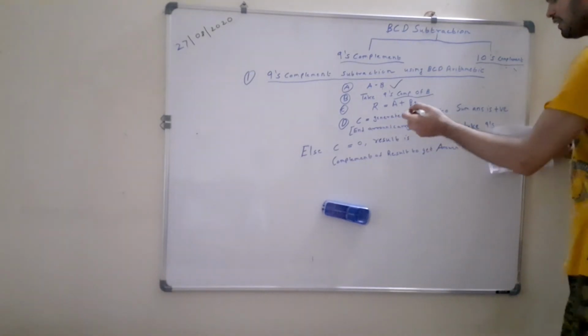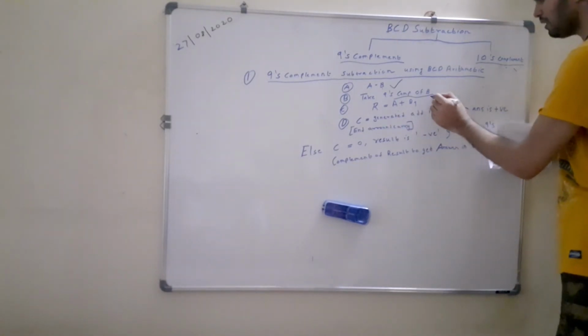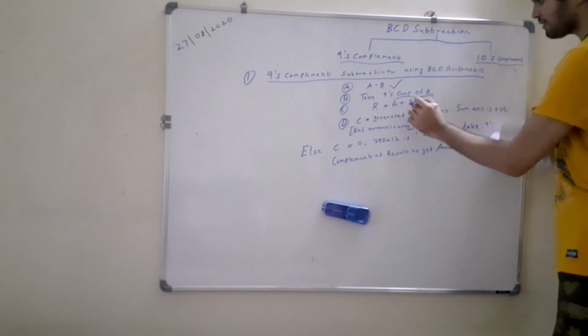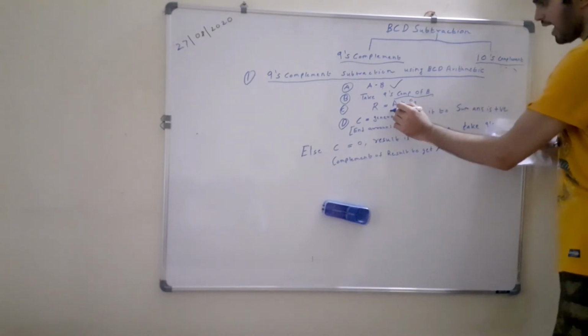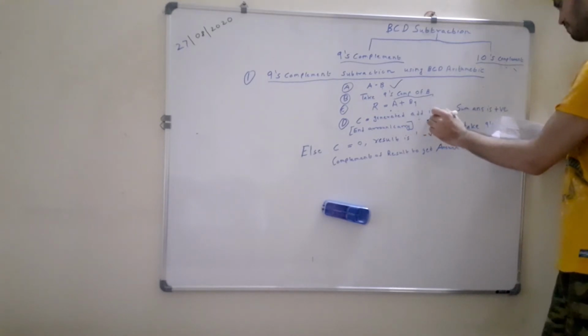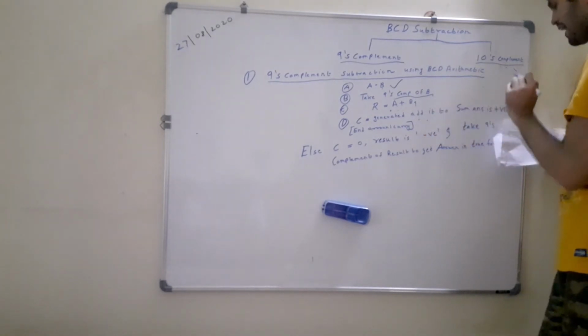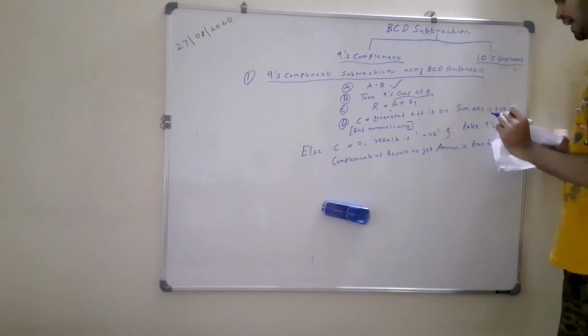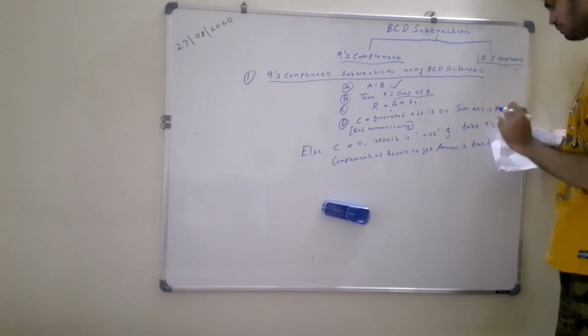So when you take the 9's complement of B, you add it to A. And if a carry is generated from that result, then add it to the sum, and the answer is positive and in true form.